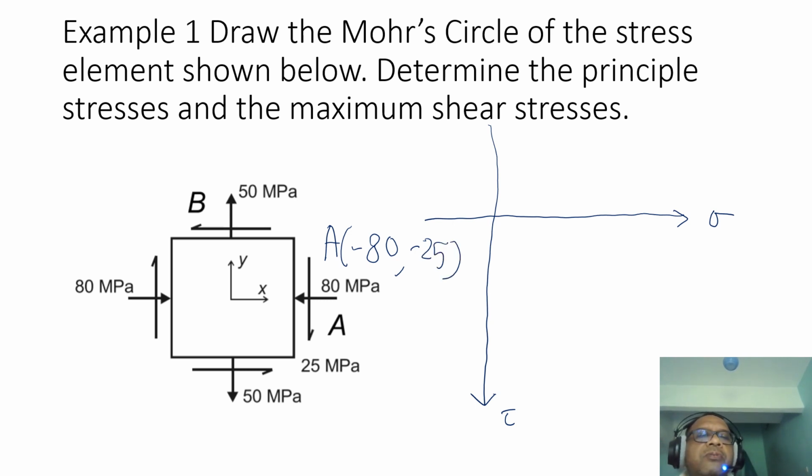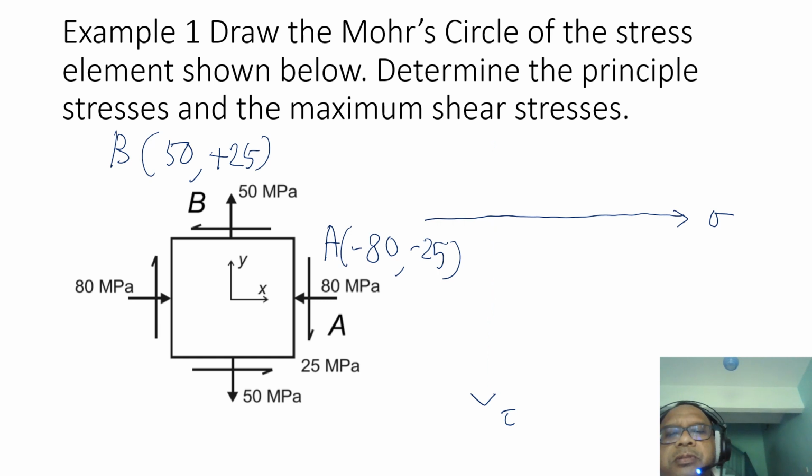So what about B? I can say that B is positive 50 and then it is positive 25 in the shear stress. It must be balanced, okay. And these are just the two coordinates that we need.